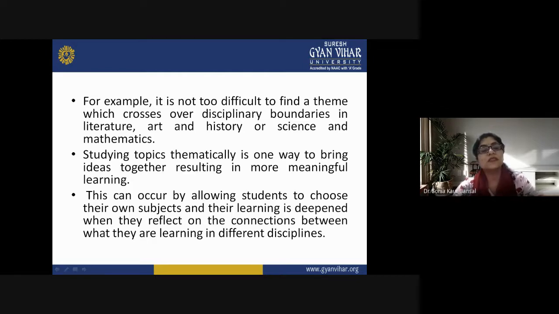Studying topics thematically is one way to bring ideas together, resulting in more meaningful learning. This can occur by allowing students to choose their own subjects, and their learning is deepened when they reflect on the connections between what they are learning in different disciplines.